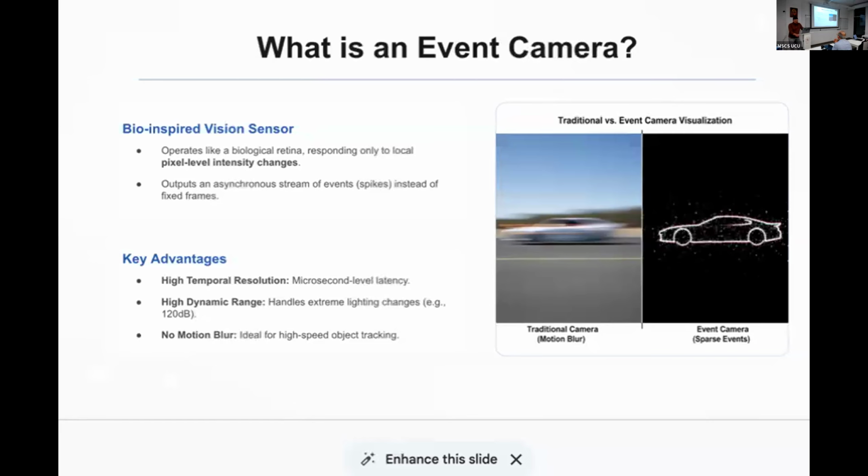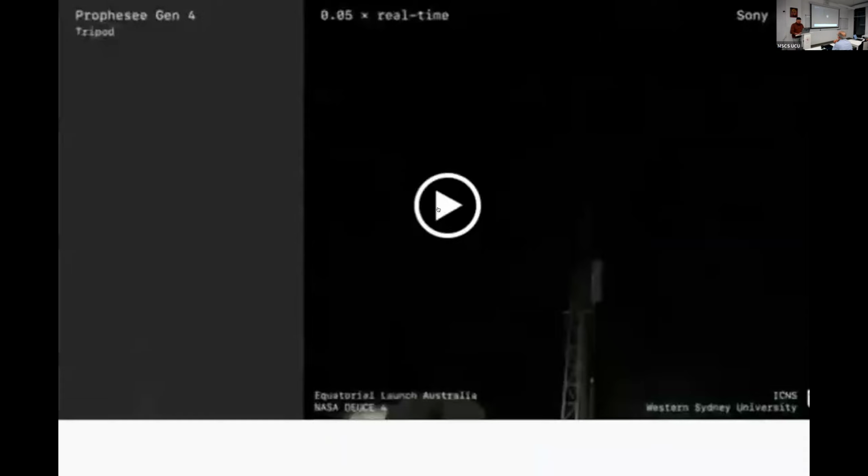On the picture, you can see the difference, the motion of a car and how it differs. Here, I also would like to demonstrate how an event camera works in motion. Left part is the event camera, right part is a traditional camera.